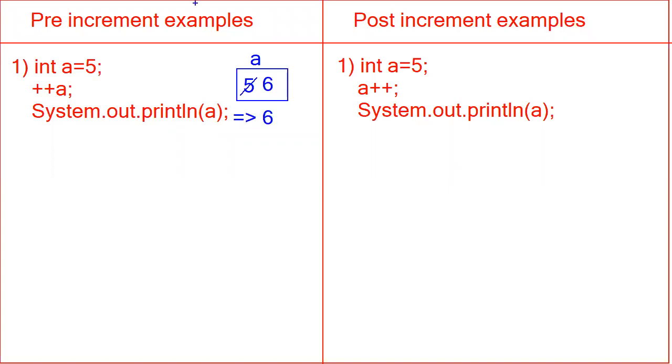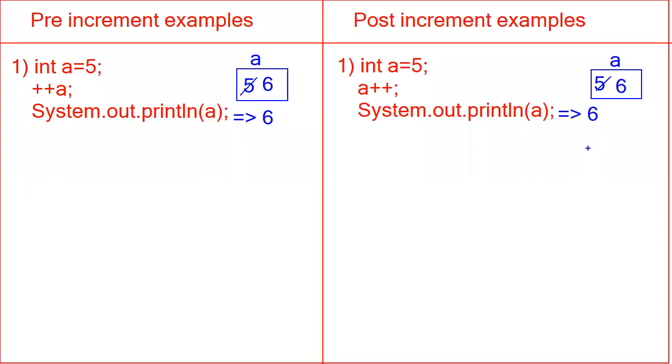Now int a equal to 5, again the same a, value 5, here also a plus plus, just incremented by 1, it will become 6. Here output 6. So if it is like this, there is no difference between pre and post. Here output is 6, here also output is 6. In this situation there is no difference.